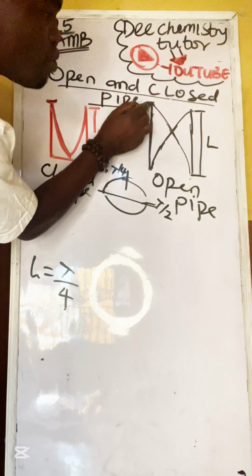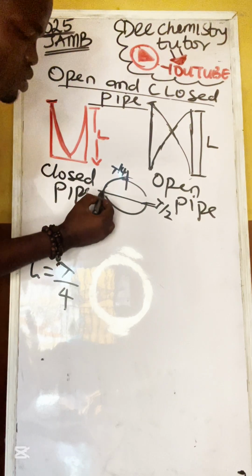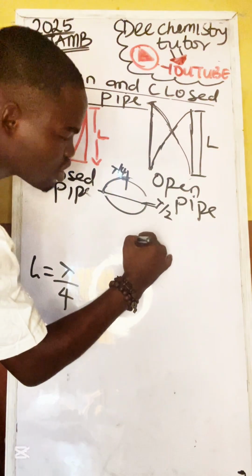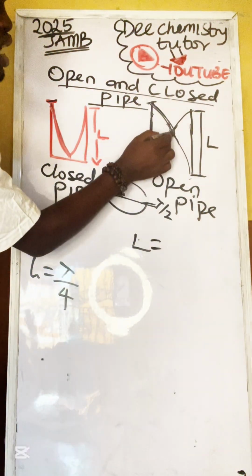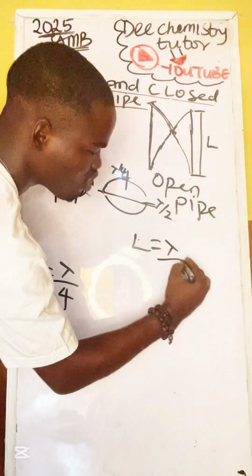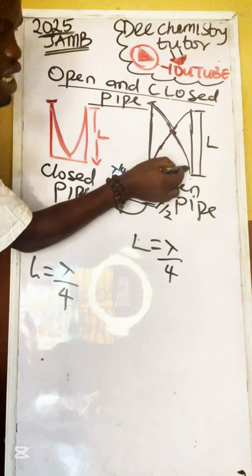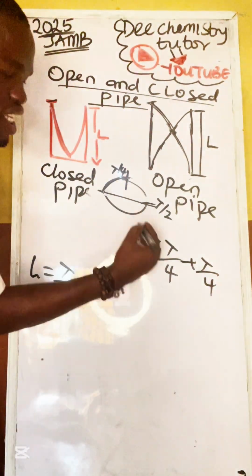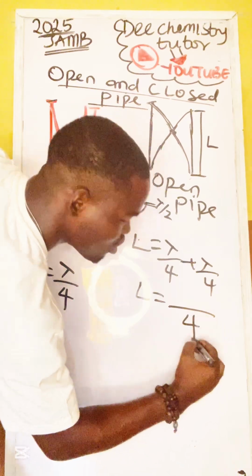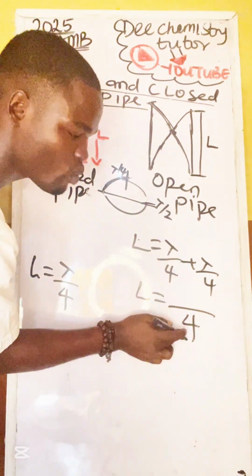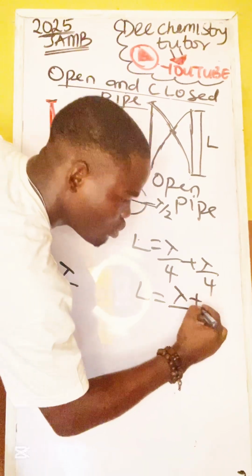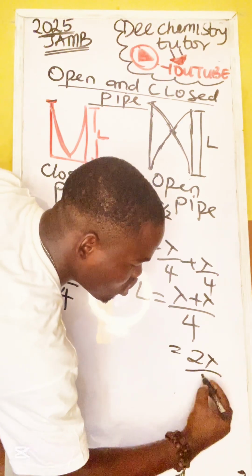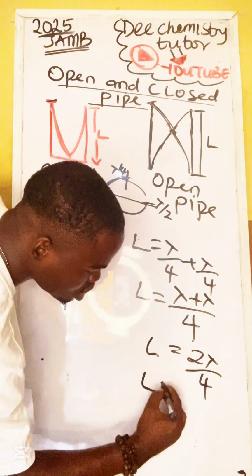From here to here, the length of this particular thing is L equals, from here to here is lambda over 4, and from here to here is another quarter of a cycle, lambda over 4. So this is also 2 lambda over 4, and the length becomes lambda over 2.